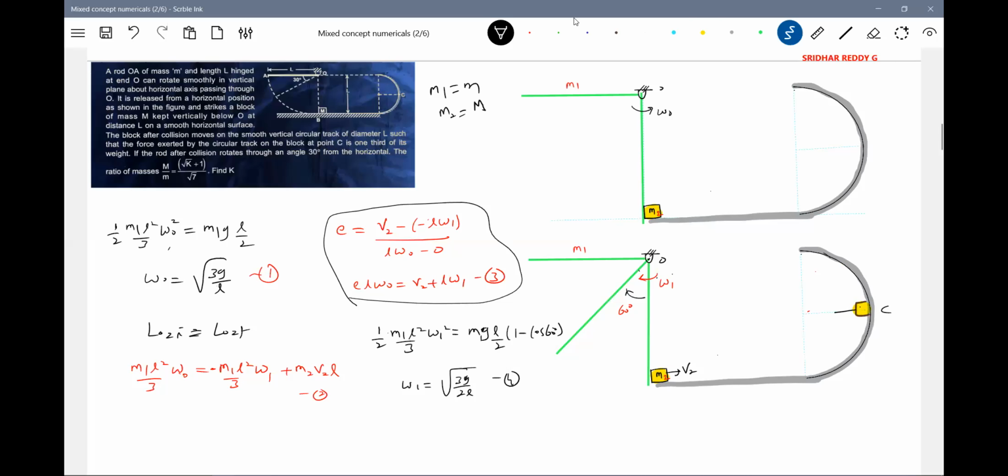Here it will exert a normal contact, and what is this normal contact? It is equal to 1/3 of its weight. So NC should be equal to mg by 3. Then NC should be equal to mvc square by r. What is the radius here? Okay, L by 2.